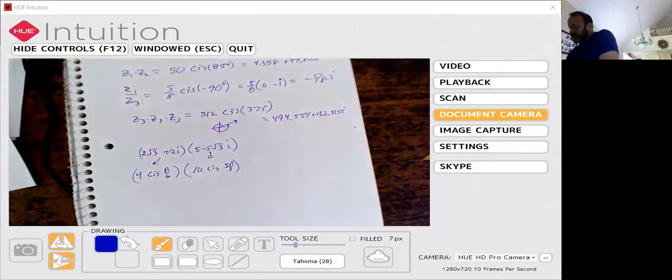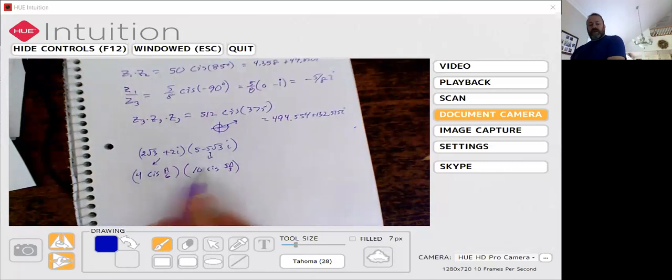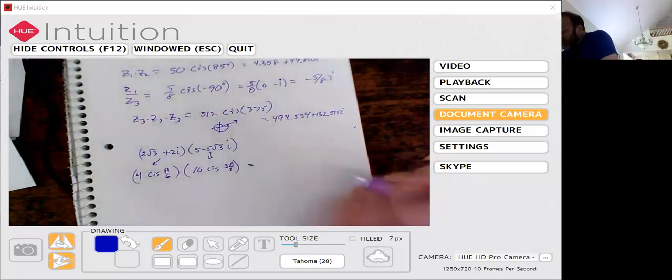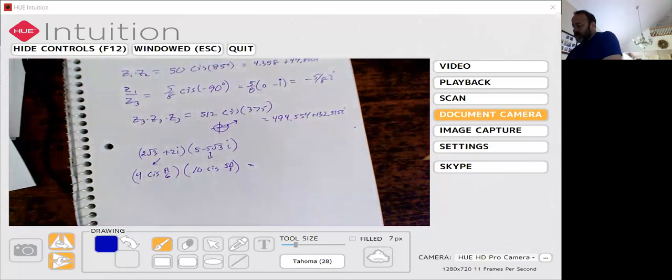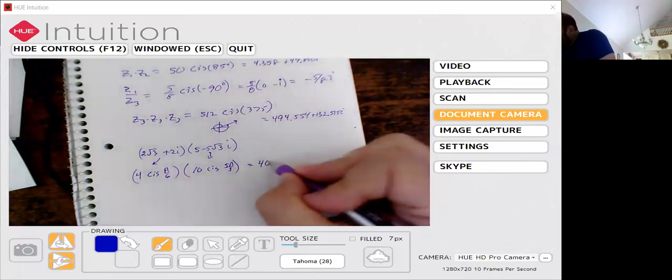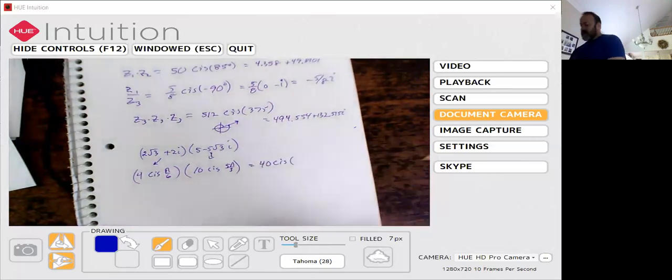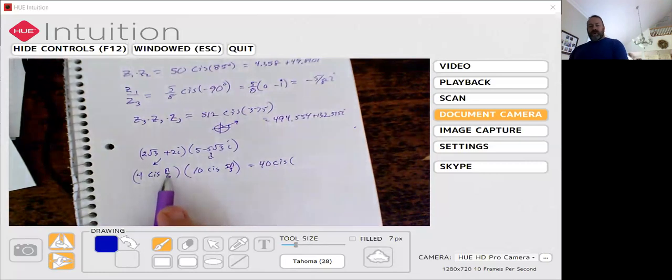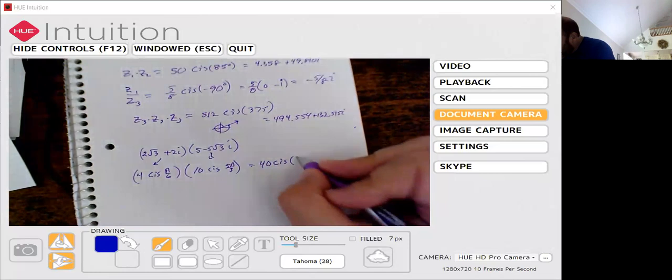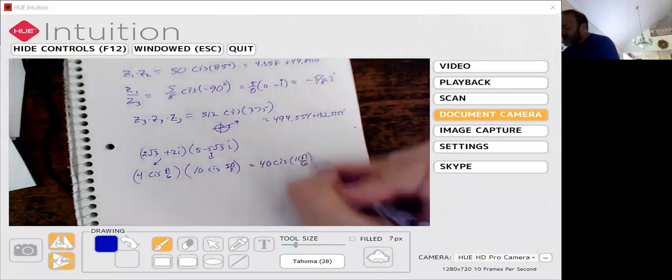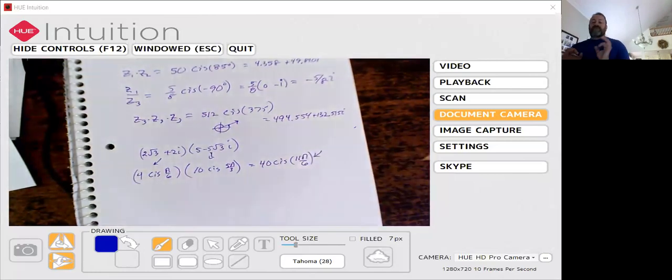pi over 3. But now that I've turned it into trigonometric form, this product formula that we just had tells me that I will get 20 and 2 pi, pi over 6 plus 10 pi over 6 would be 11 pi over 6. Now this is a good answer. That answer is a valid answer.